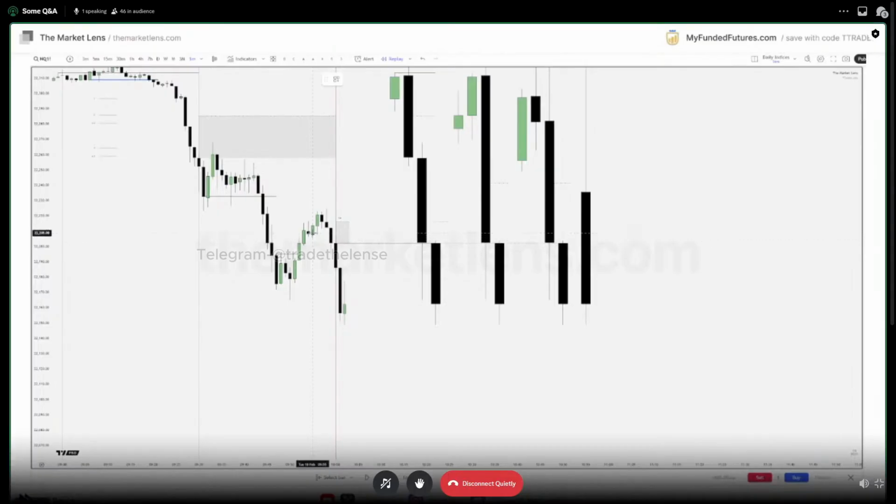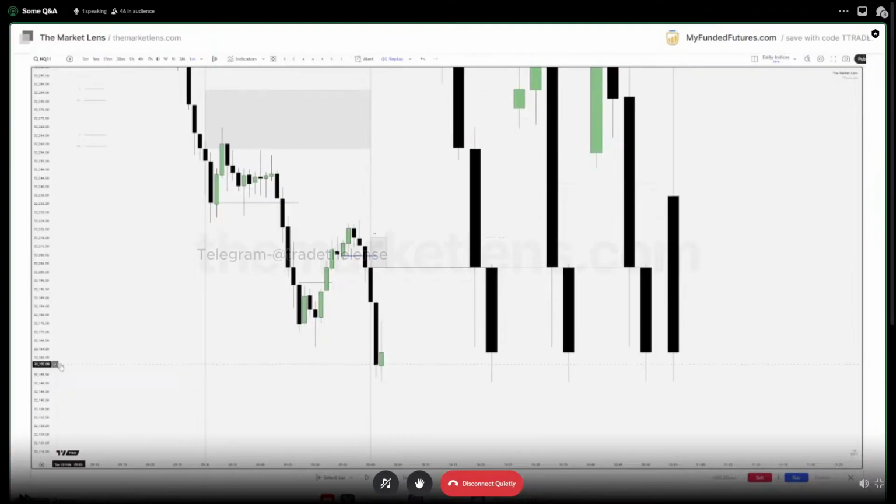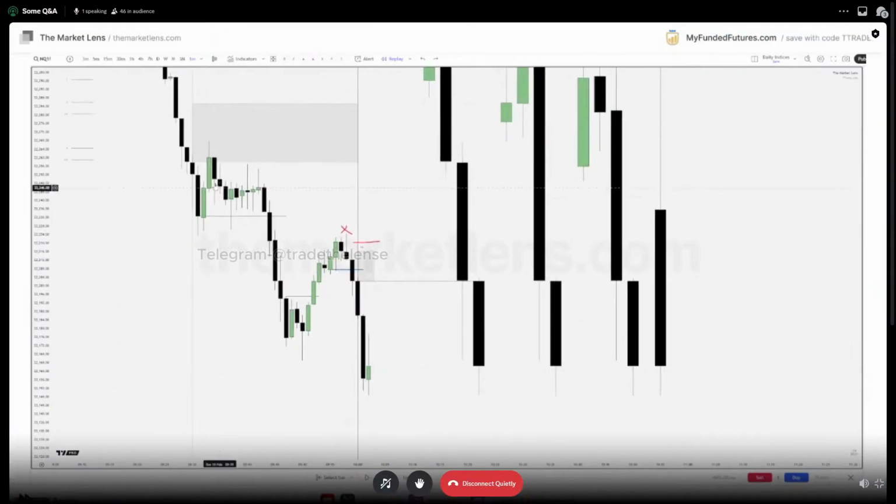And this is an example of one where we're on the 1 minute, which I'm not a huge fan of, but when we close like this, it's a protected high right at the open of that new higher time frame candle. So that's one where you can enter right at the open with your stop where I had it. And then it goes right to it.